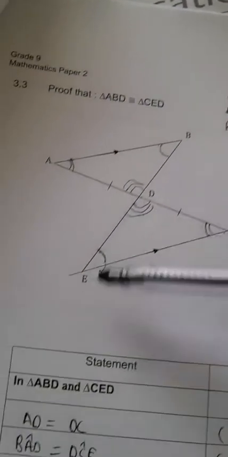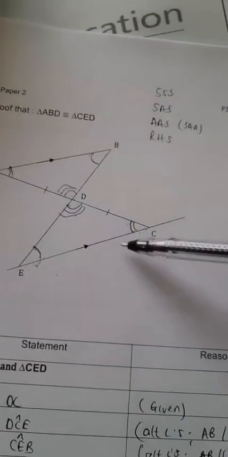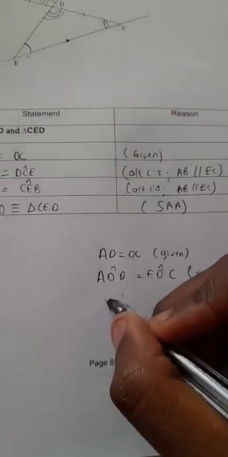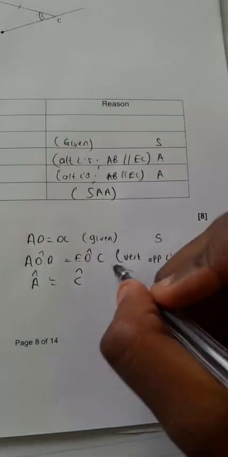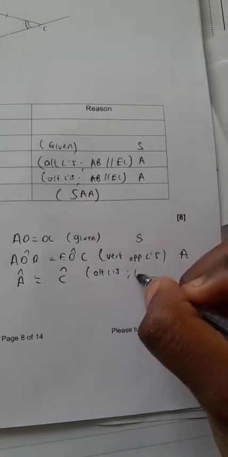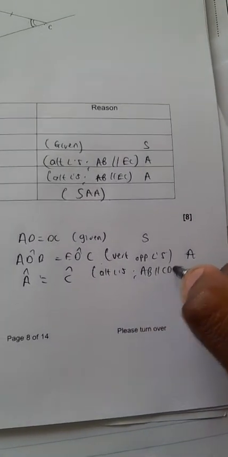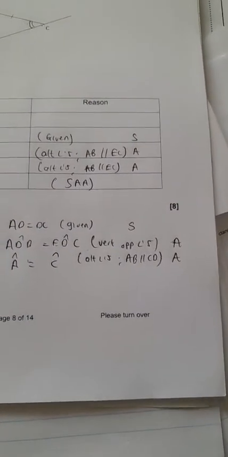We also saw in the diagram that angle B is equal to angle E. Or we could say angle A is equal to angle C. So if we say angle A is equal to angle C for those two triangles, what's the reason? Alt angles. AB is parallel to CD. All right. That is our third what? A.